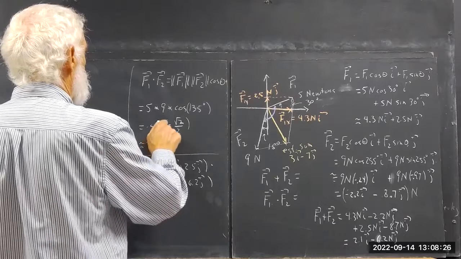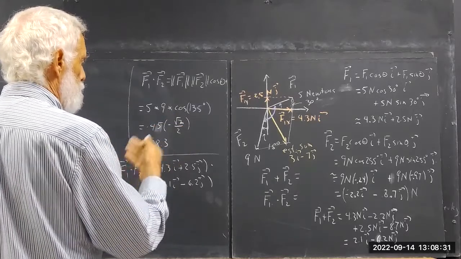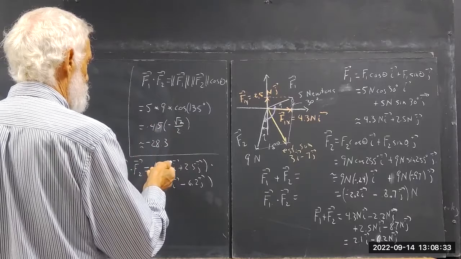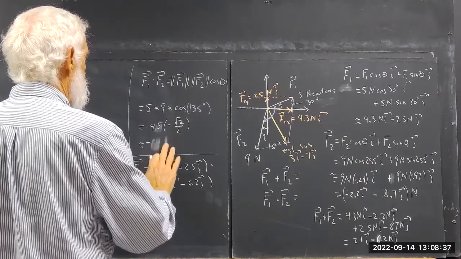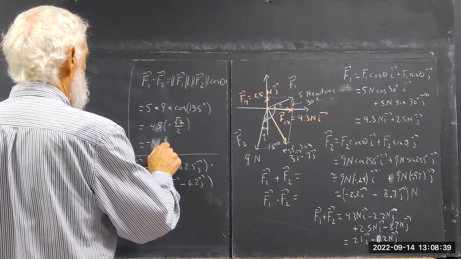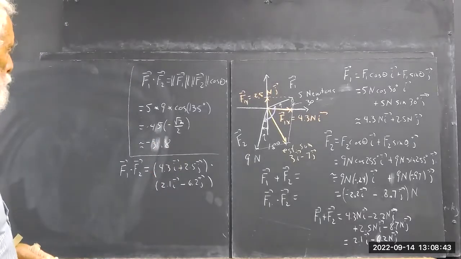Incidentally, that should have been 45. I got 40, and that changes things. 5 times 3 times 5. That should be about 31.8.